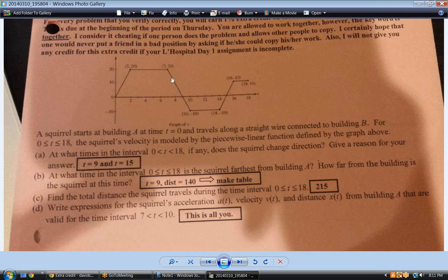He's slowing down considerably. Should I say feet per second or not? They don't even say seconds in here, do they? They don't give us anything. No, then don't say any units.